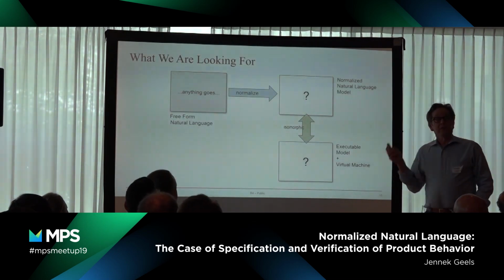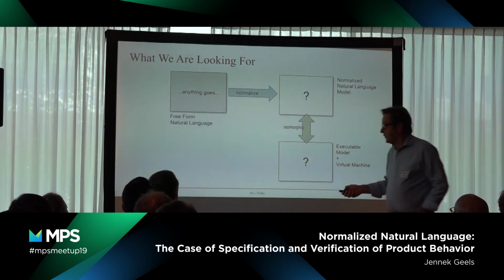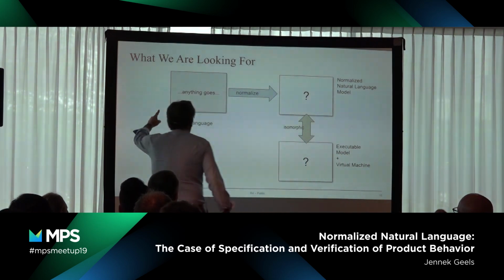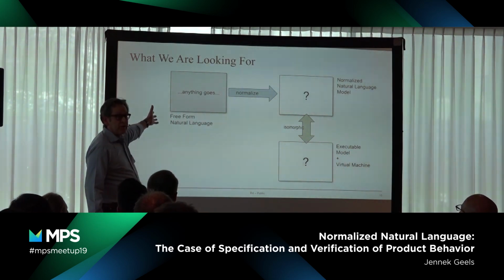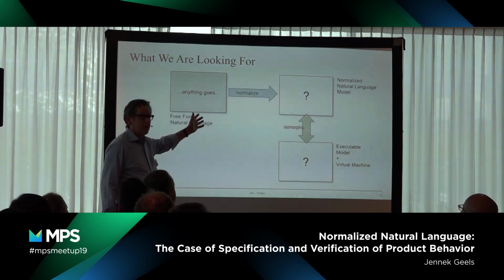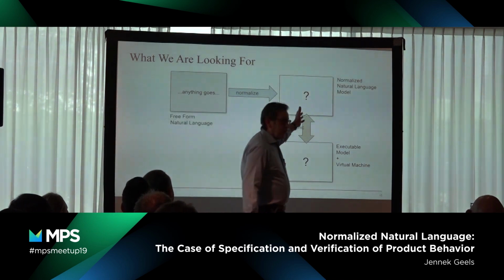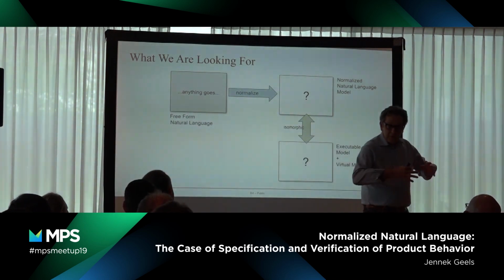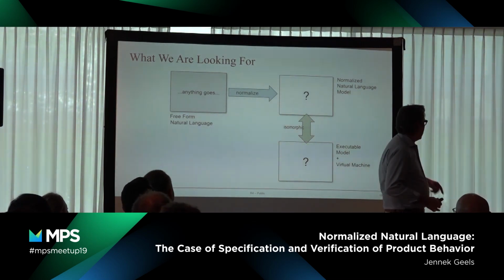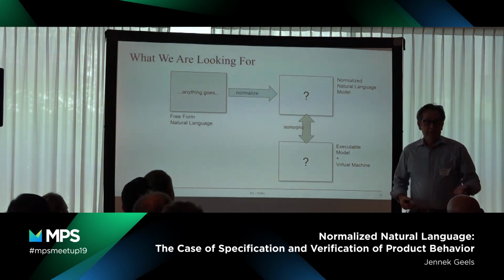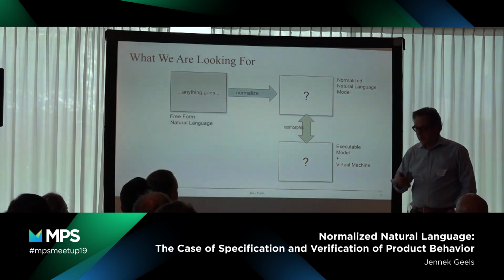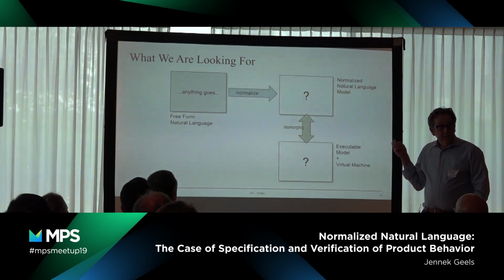So this is what we're looking for. We want to go from the world of free-form text, have a process that brings us to something which is still text, but much more structured, that then can be subjected to a mapping to something executable. Now, this actually works.